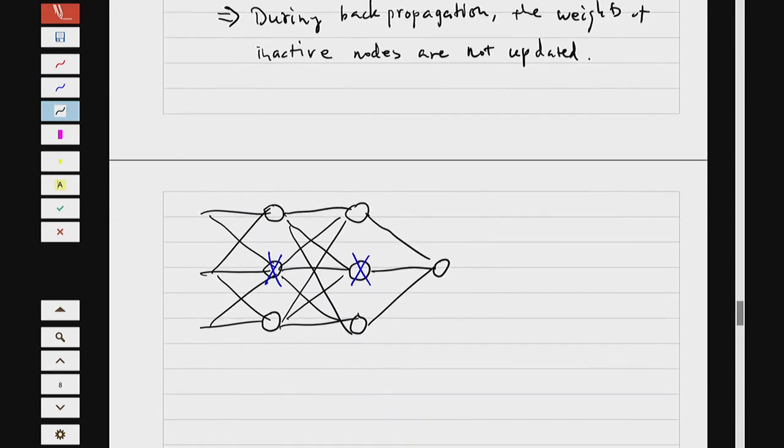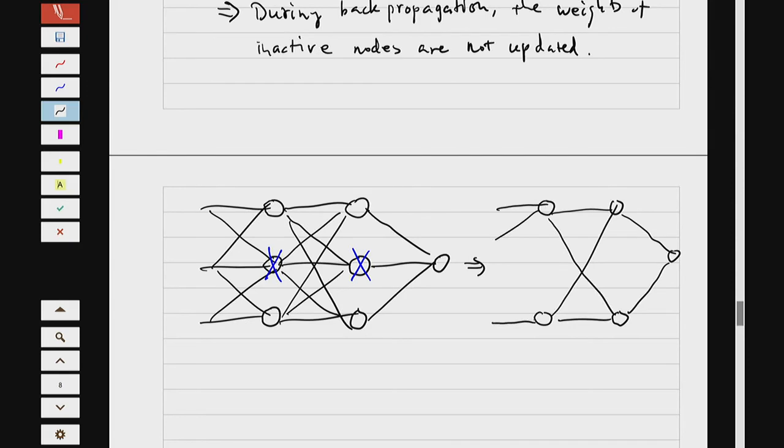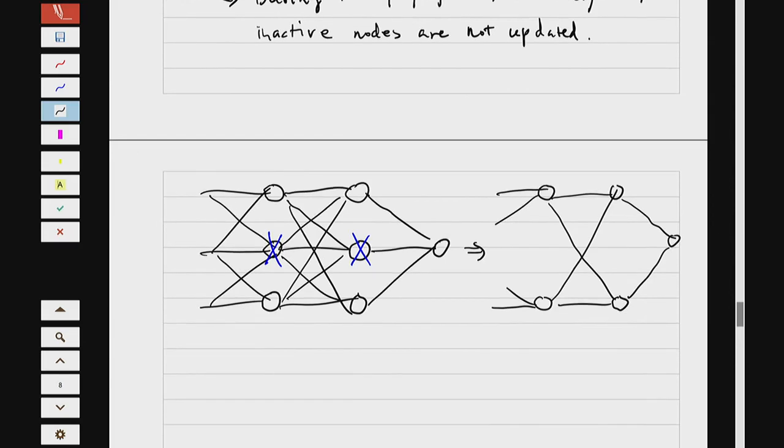Because they output 0, it's as if those two neurons do not exist anymore, and their weights are frozen. So the new neural network looks like this. Those two just disappear. You have a simpler neural network like that.